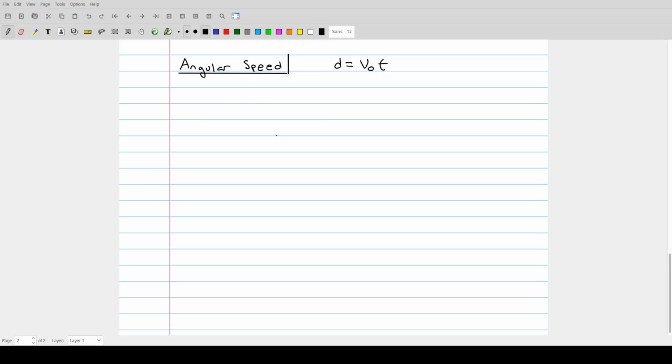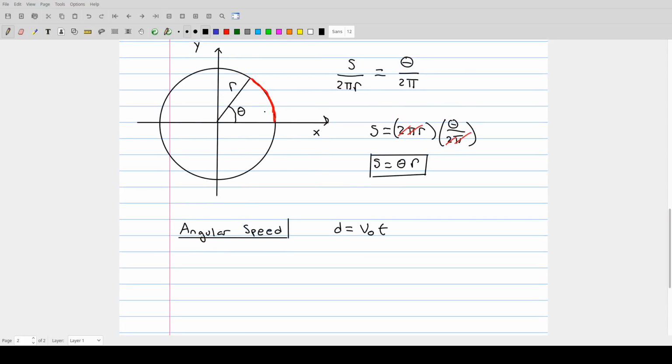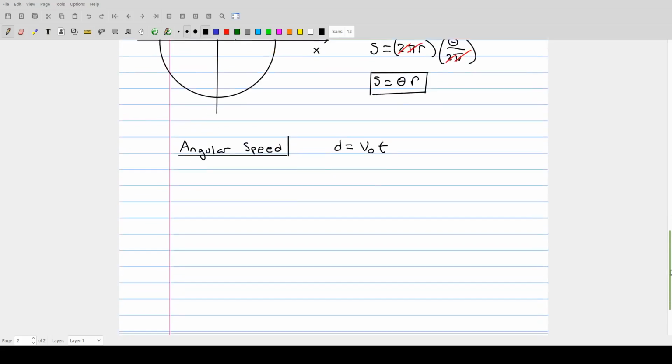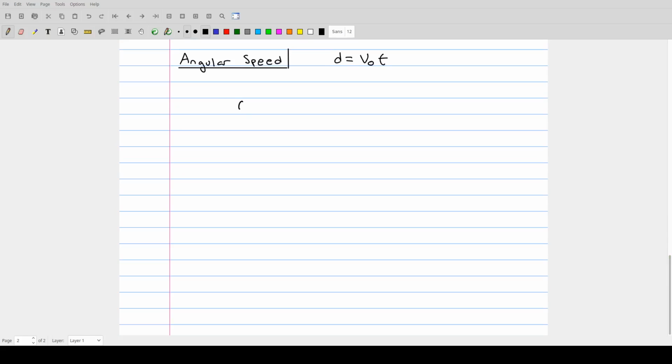The idea directly being that if you're moving at a constant angular speed around, say, the circle right here, so along this path, you could say that theta, the angle as a function of time, is equal to what's called omega naught times t, where just like this relationship right here, omega naught is what's called the rate of change of the angle with respect to time. So the angular velocity, or the angular speed with respect to time.